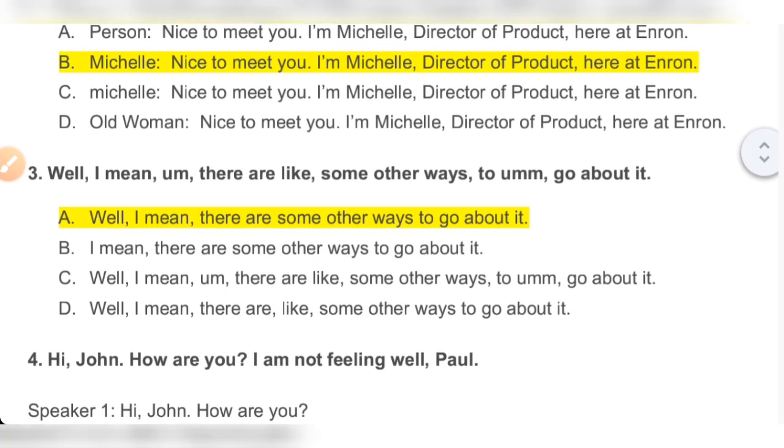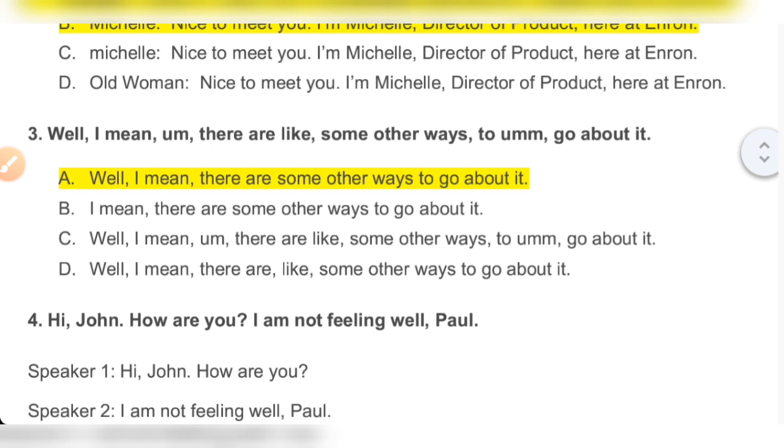And then the third question is, well, I mean, there are like some other ways to go about it. So here are the four different options. This question is related to slang words. So make sure to read the instruction about slang words on the Rev transcription guidelines page.